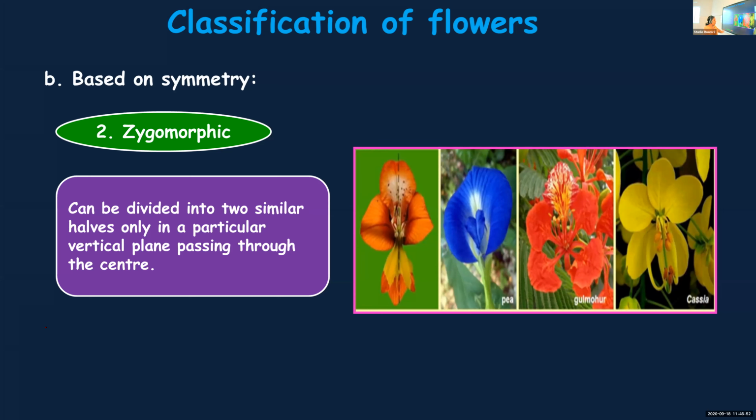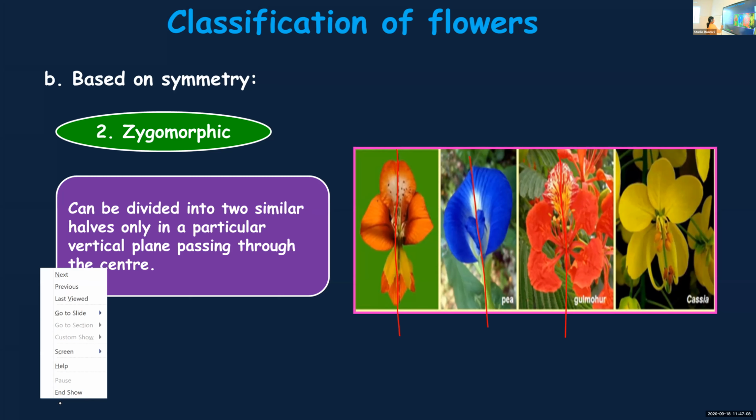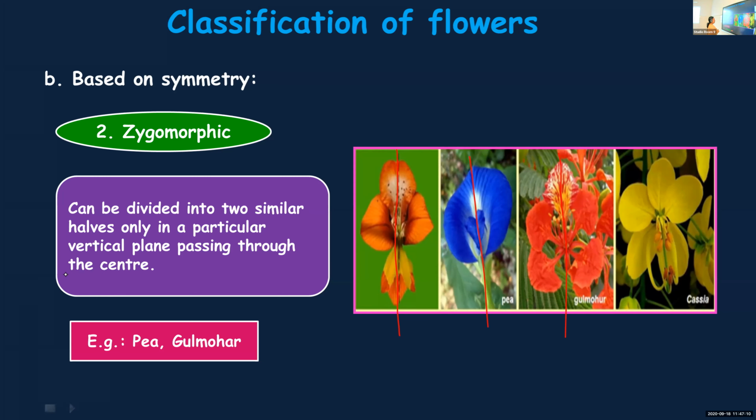But here, only in a particular vertical plane passing through the center can you divide it into two equal halves. Otherwise, you will not get two identical halves if you divide it in some other plane. Examples: pea and gulmohar, both the flowers you can see in the picture. Pea and gulmohar, both are examples for zygomorphic flowers.